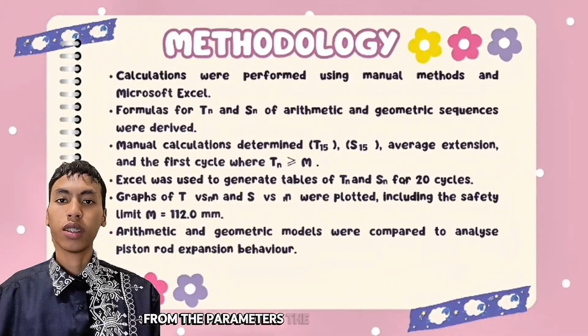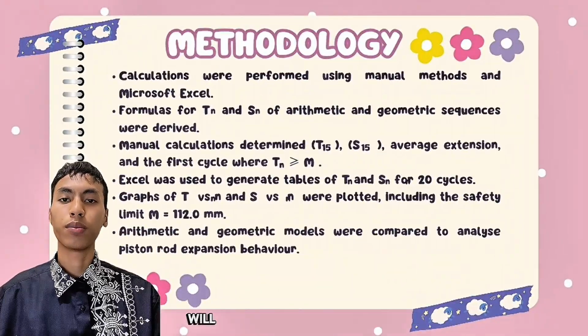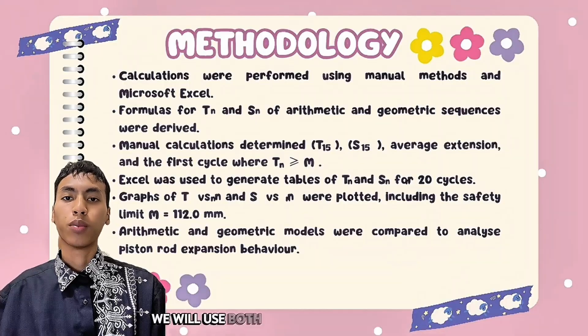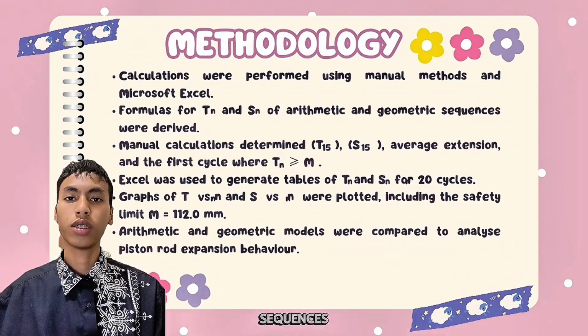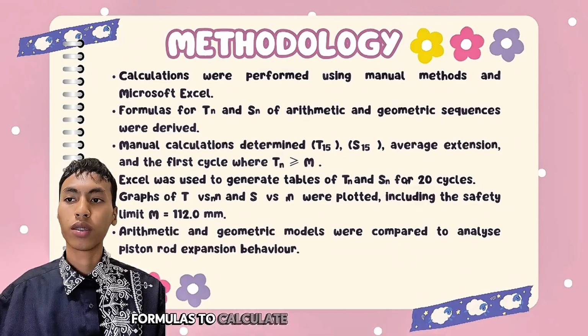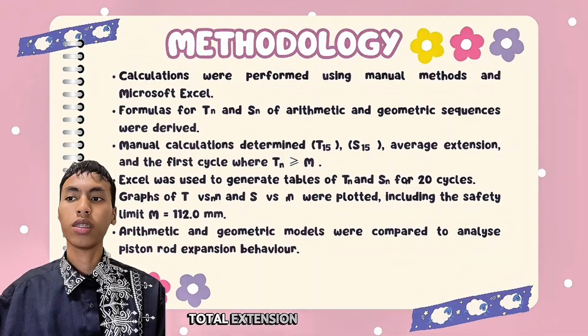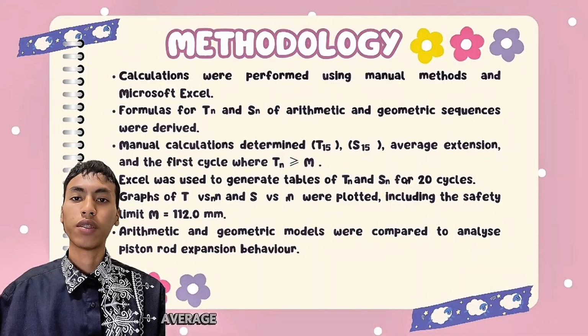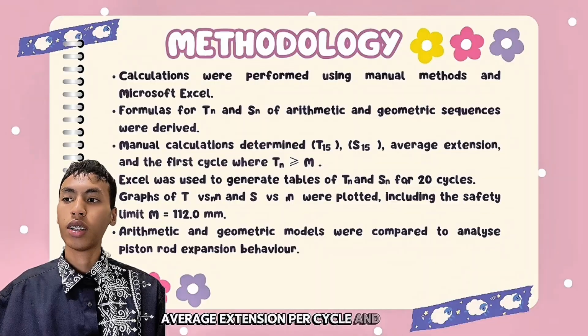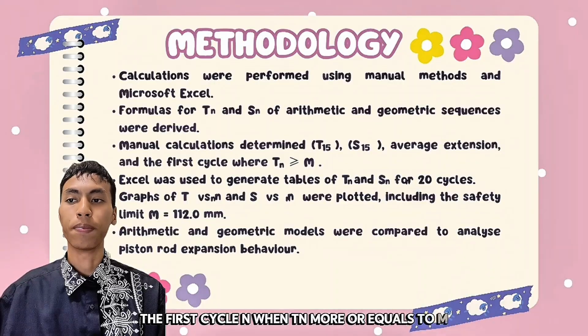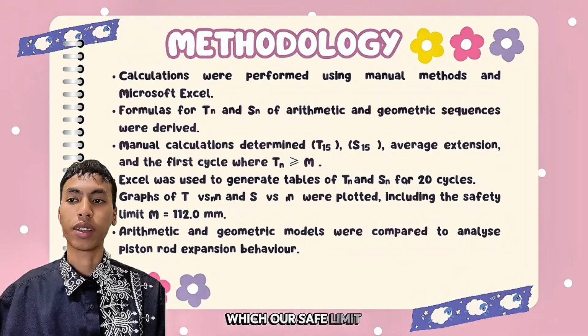From the parameters, the calculation will be carried out in 2 ways, which are manual and Excel calculations. We will use both arithmetic and geometric sequence formulas to calculate the extension at cycle 15, total extension after 15 cycles, average extension per cycle, and lastly, the first cycle end when Tn is more than or equal to the set limit.